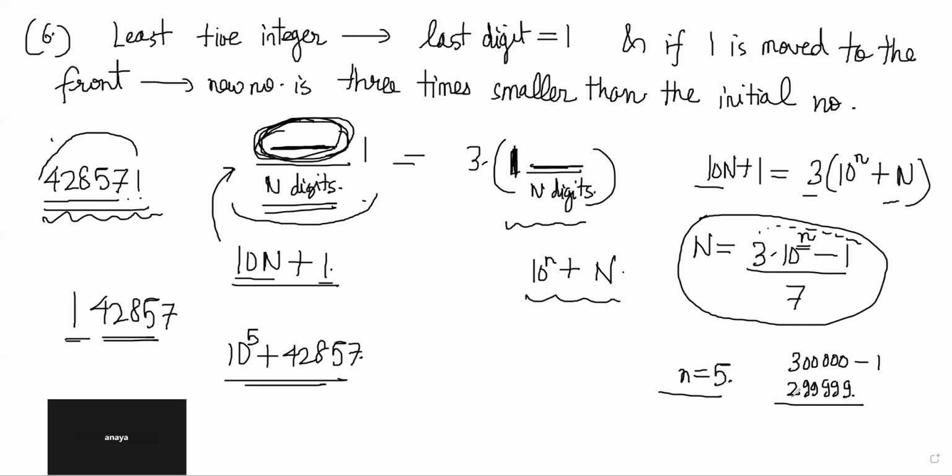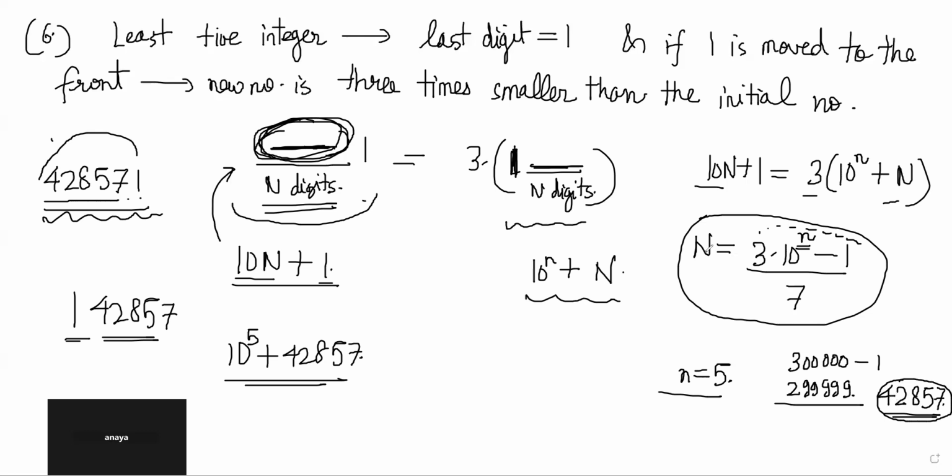When you check the divisibility, you can see that it is divisible by 7, and after dividing by 7, you will get 42857.